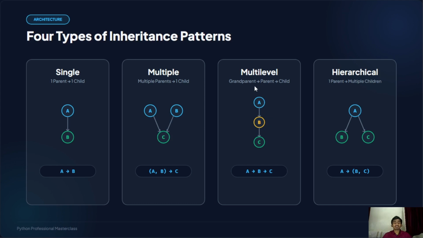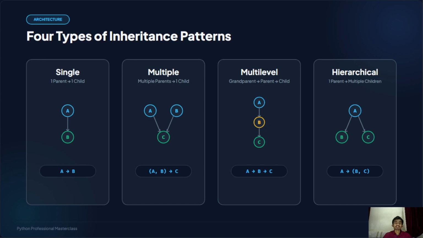Then there comes multilevel inheritance. Inheritance continues across multiple generations. For example, living things, animal, dog, and here Dog inherits indirectly from living things through Animal. Hierarchical inheritance: one parent can have multiple child classes. For example, Animal can have Dog and Cat.